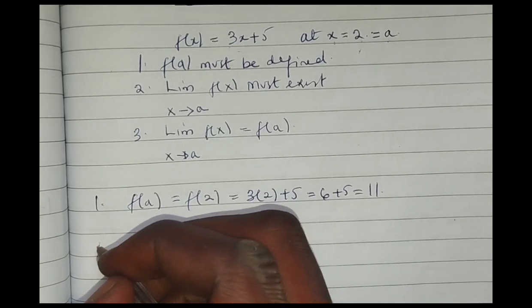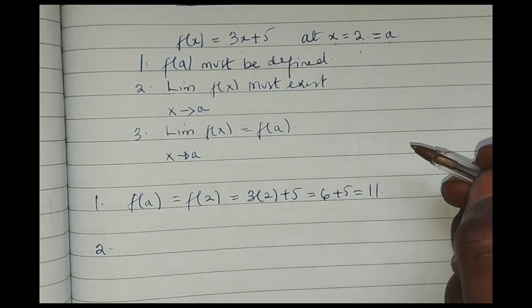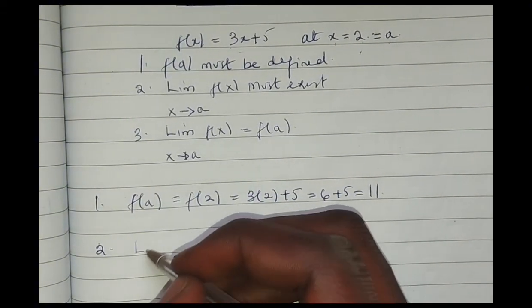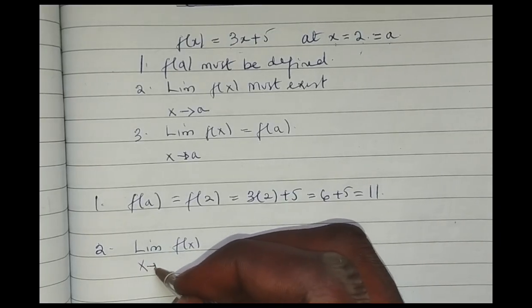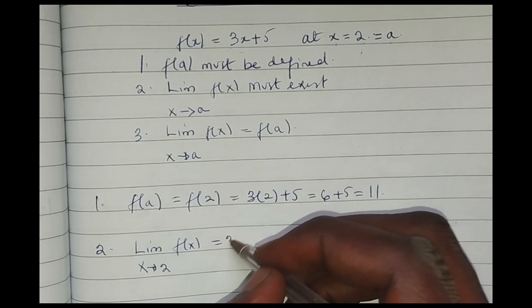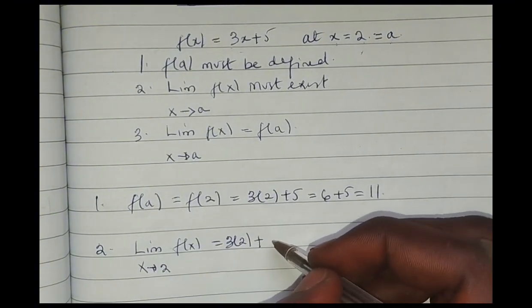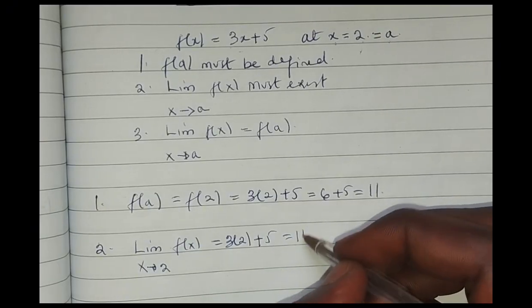The second is that the limit must exist. Now this is a simple polynomial equation, and the limit is always simple to find. So the limit of f(x) as x approaches 2 is equal to 3 times 2 plus 5, that is 6 plus 5, which is 11.